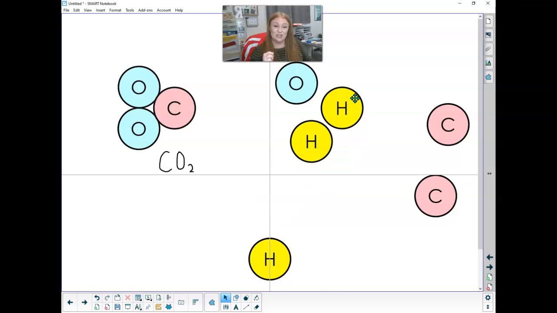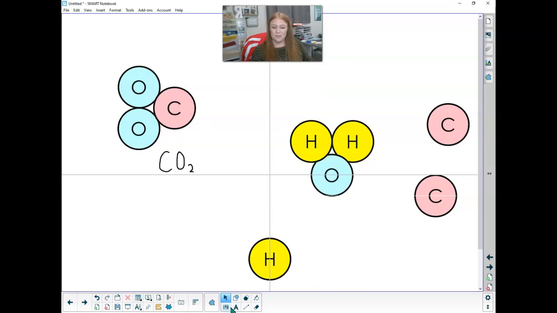So I need two H's and an O. So if I write that out, H2O, good thing I wrote that out. So two H's and an O, and I can see they're all touching, so they're bonded together. That's what makes it a molecule, is they're connected. Okay, if they're just out, they have nothing to do with each other. So once those atoms connect, then they become that molecule.